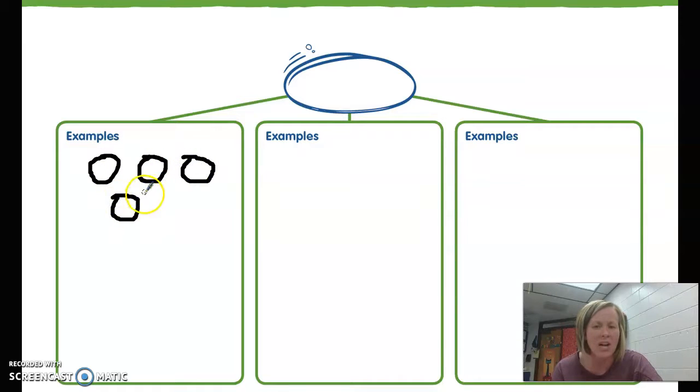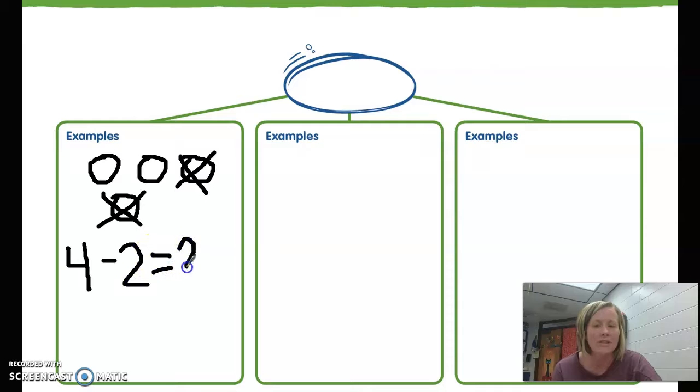And then I'm going to show 2 went away. So my equation would be 4 take away 2 equals 2. Boys and girls, I want you to go ahead and pause this video, write 3 subtraction equations, and then start this video back up.